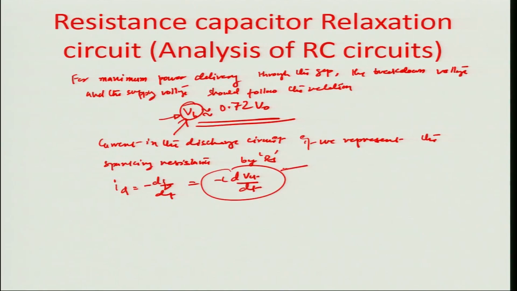So this is how the discharge would happen, assuming that the voltage as a function of time is going down in the charging capacitor when the discharge starts to happen.